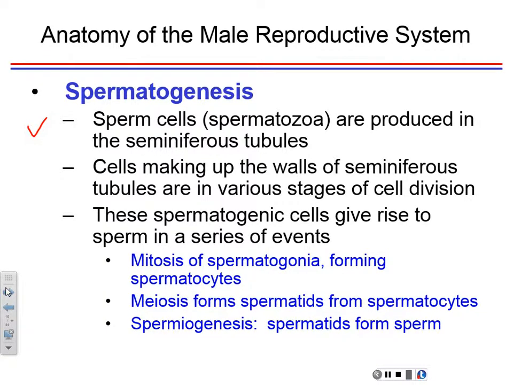Sometimes in the exam I ask you to talk about the processes that lead to the production of sperm cells. So just start with the spermatogonium, which divides into two. One becomes a primary spermatocyte, which continues to develop, and the other remains a spermatogonium and continues to divide. So it produces a type A and a type B cell.